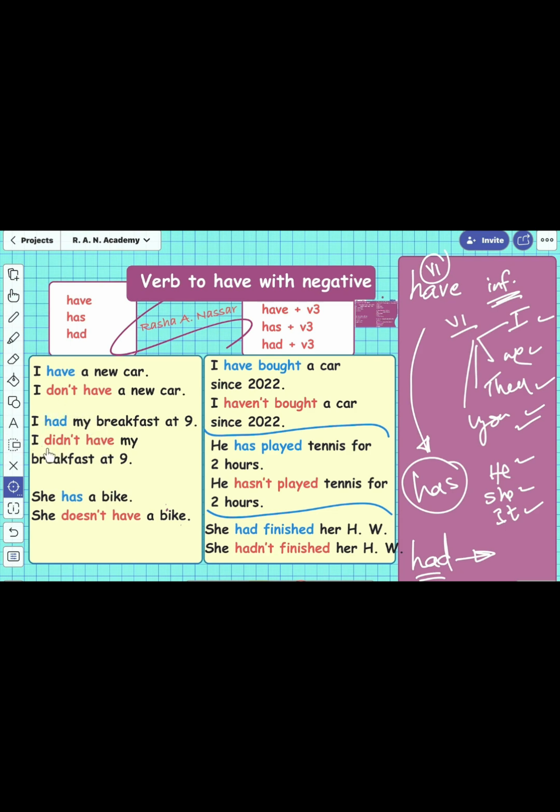I cannot say I don't have. Why? Because I see here had, in the past. So when it is in the past, I have to choose didn't. Here, don't goes with I, we, they, and you in the present, and doesn't with he, she, and it.